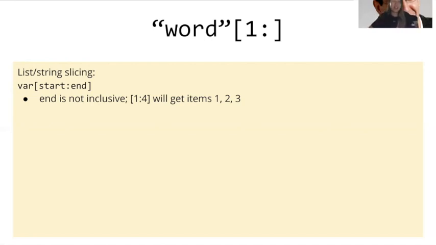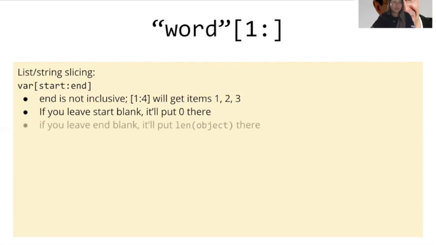In this case, we don't put an ending number because if there's no ending number, then Python will assume that you want to go all the way to the very end. So the end number is not inclusive. If you wanted to get items 1 through 3, then you would have to do 1, 4. It'll go 1, 2, 3, but it won't go up to 4. So the end number is not inclusive.